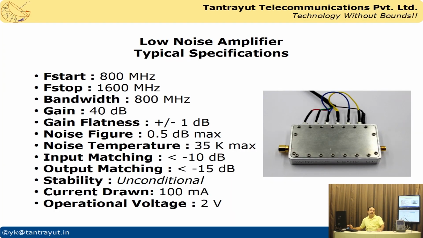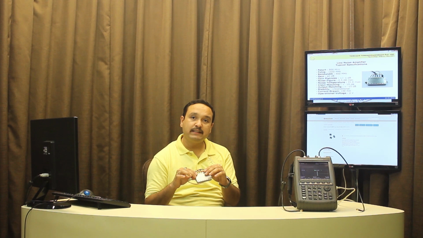Of course, the gain of the amplifier, and the frequency bandwidth, that is, from which frequency it starts giving that gain and where it stops. Then the gain flatness, which means, in the given frequency bandwidth, what is the maximum deviation of your gain. Followed by the most important criterion, the noise temperature of your low noise amplifier. It is usually expressed in kelvins.